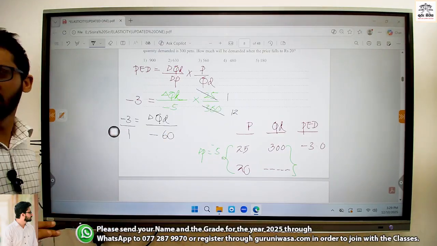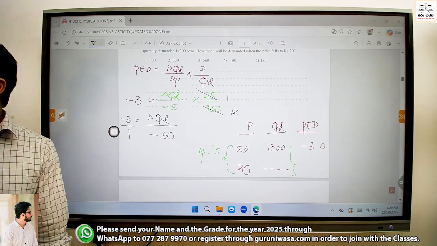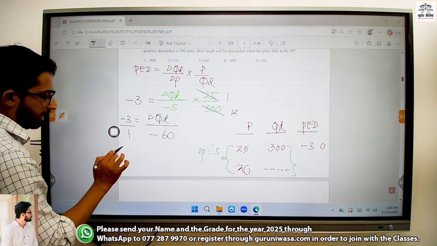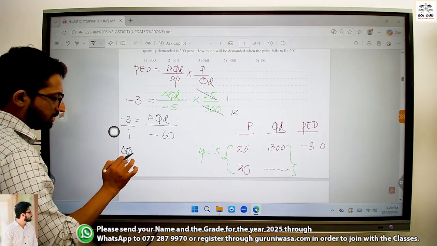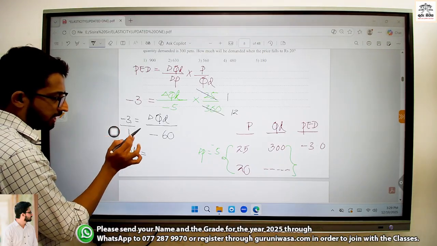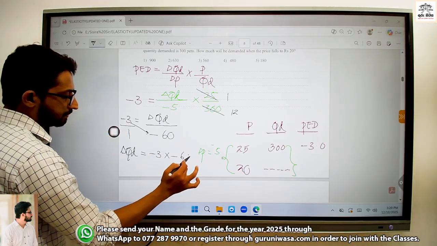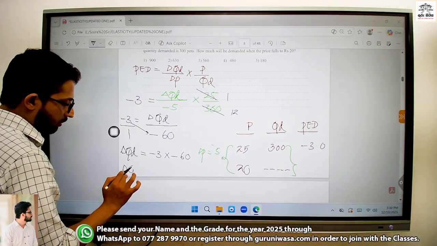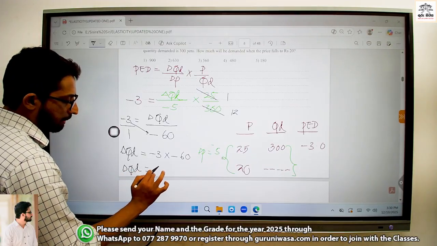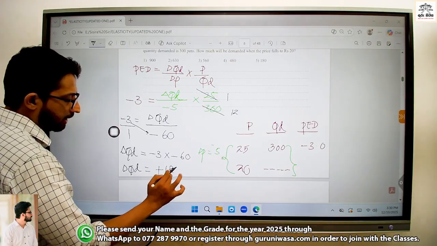Lamai, you can use any method, okay? Doesn't matter. Now delta QD equals, be careful, cross multiply, -3 into -60. Yes. Delta QD should be, Lamai, plus 180.